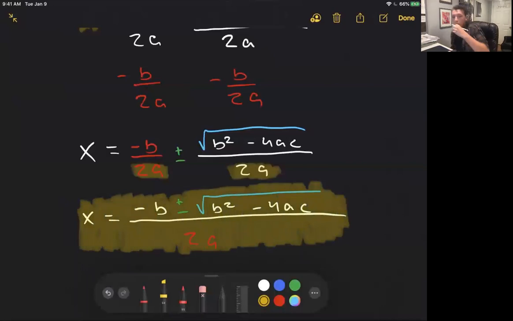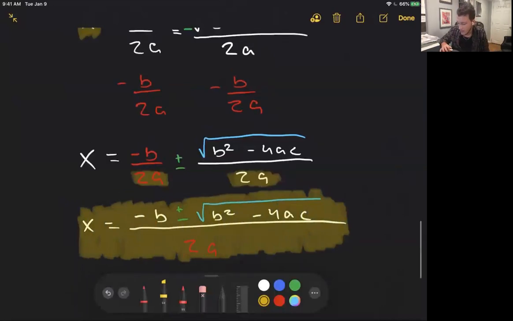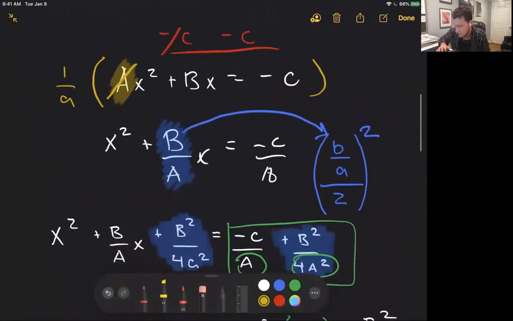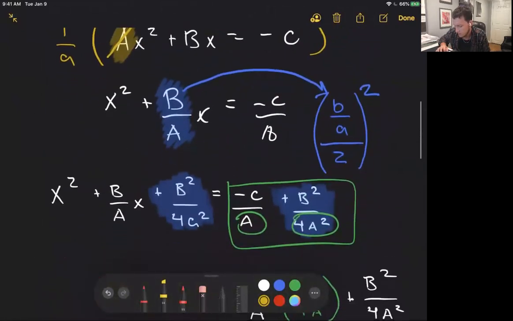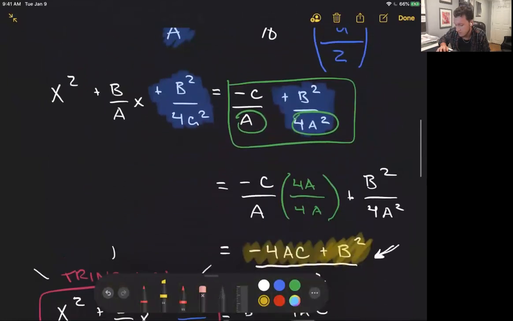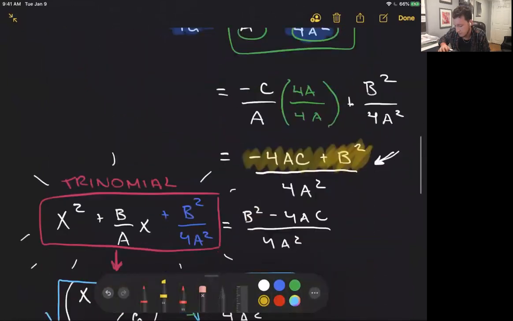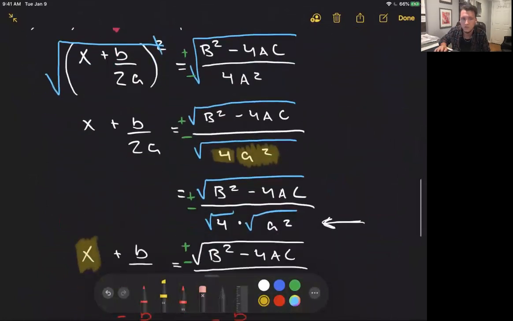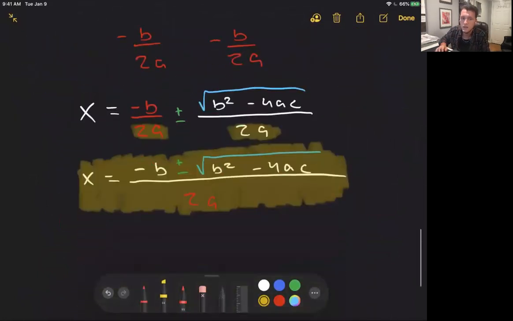Yippee. So it's a lot of work, don't get me wrong, especially when you start looking at how you can manipulate the b over a when you simplify on the right-hand side to get the 4a, thinking about getting a trinomial and representing it as a binomial squared. It gets to be a little difficult with those kinds of steps.